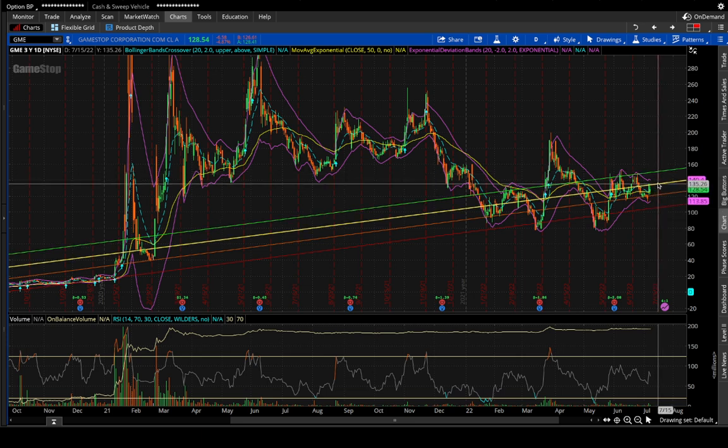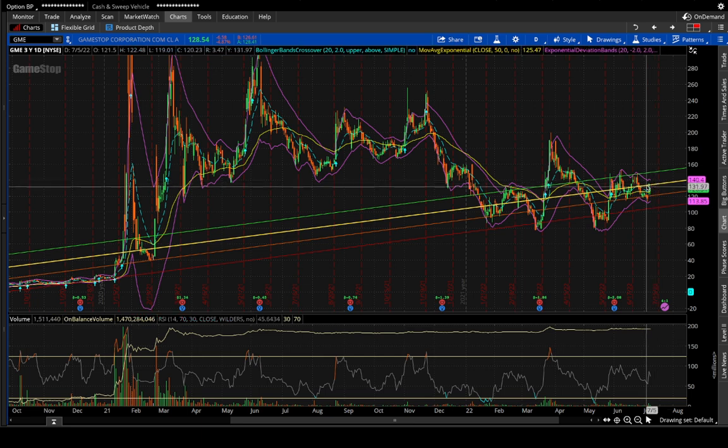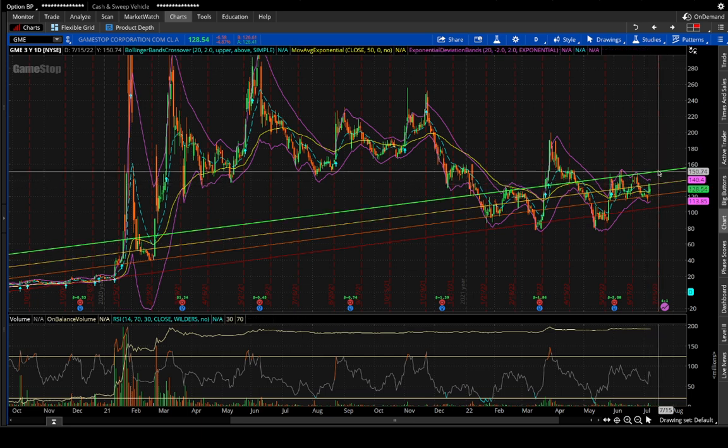If we break this 134, 135 ascending channel here, we could go test the 151, 150 zone prior to the split. You divide it by 3, then every share's valued at $50. That alone is going to influence or allow new investors to step into that, because the share price is cut into a third.